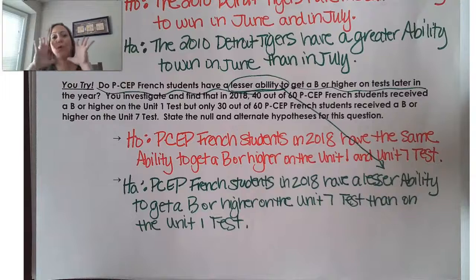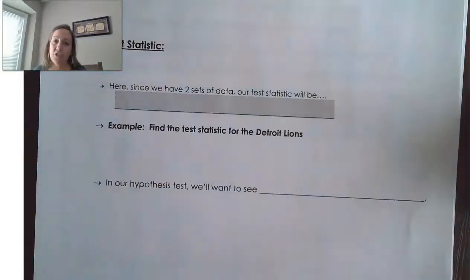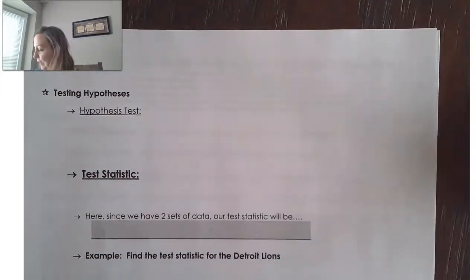Okay, so the goal today is for you to write hypotheses and to make two-way tables, but those are pretty easy. It's just organizing that information. But I want to talk to you guys about what this chapter is going to be outlining. This chapter is going to be outlining testing hypotheses, okay?